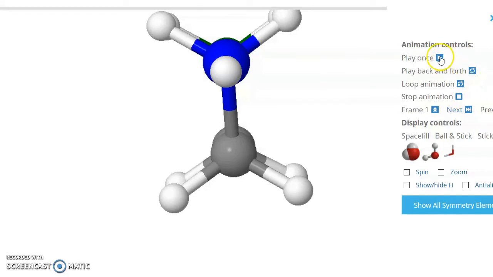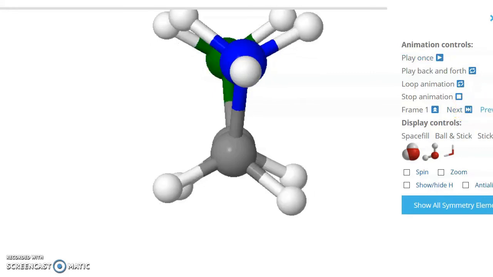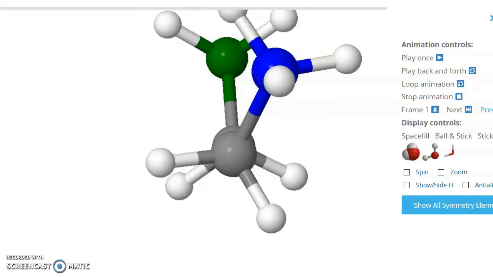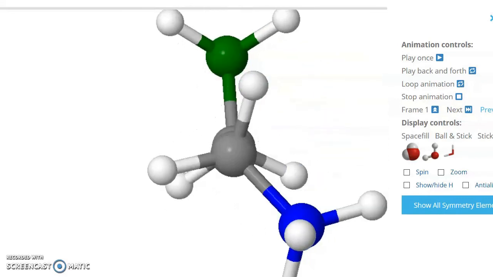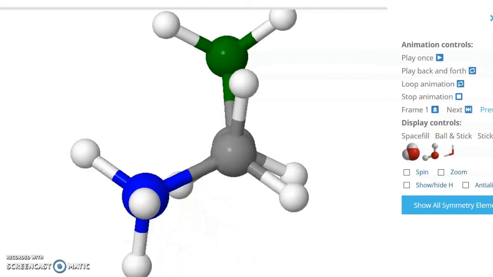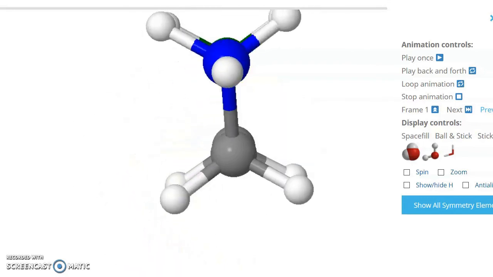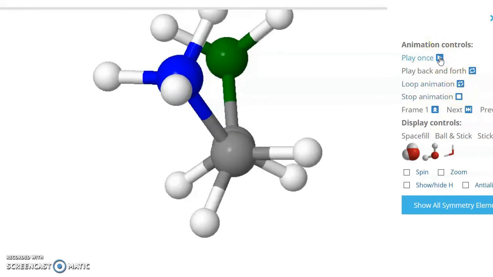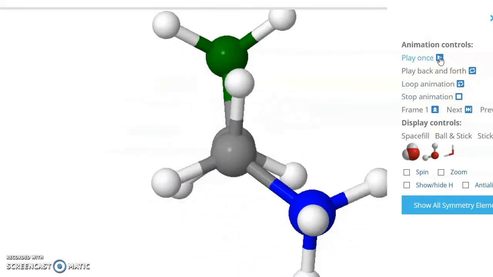So this is how the butane molecule rotates across the C-C single bond. You can see here the various conformations. This rotation happens continuously. Hope this rotation is clear to you.